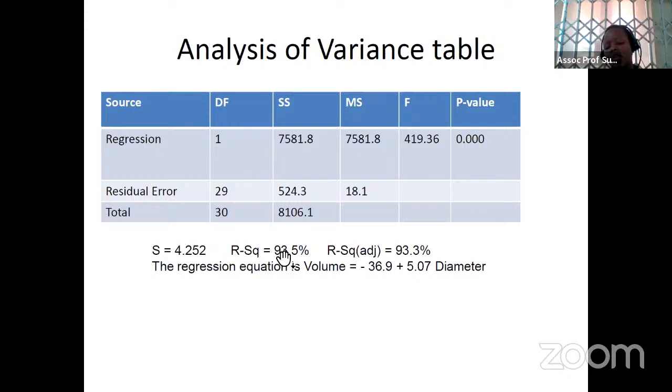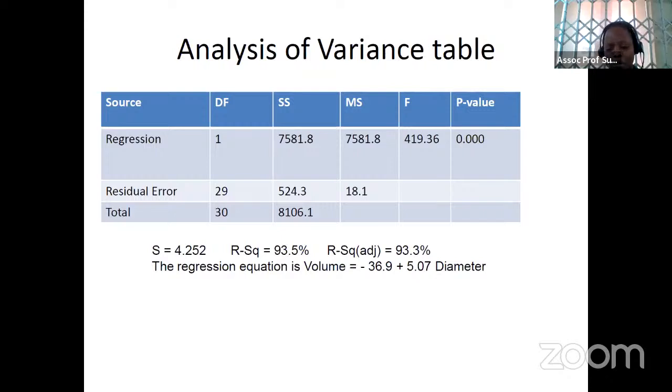R squared, we talked about it as the coefficient of determination. It shows us the proportion of variability explained in volume by the regression model. R squared adjusted has the same interpretation, the amount of variability explained in volume by the regression model, but it adjusts for any parameter added in the model.